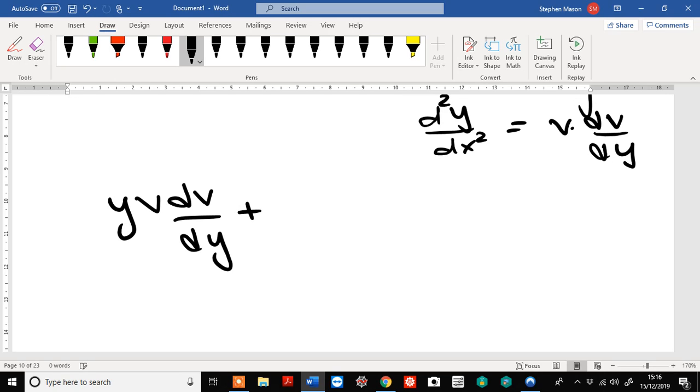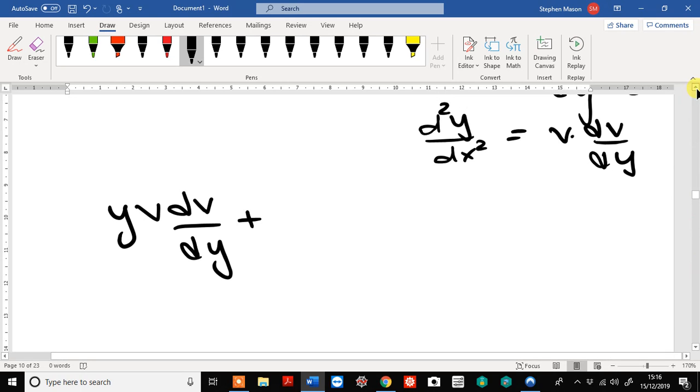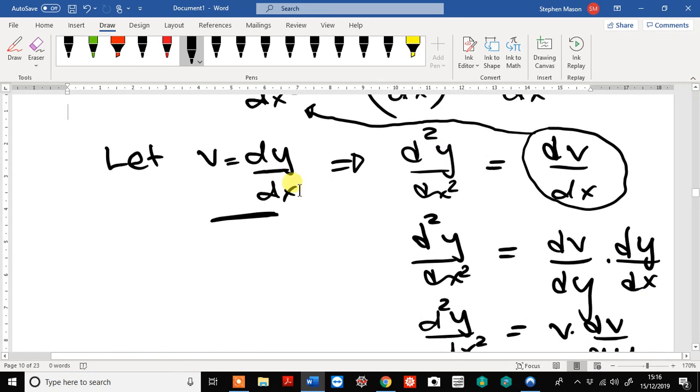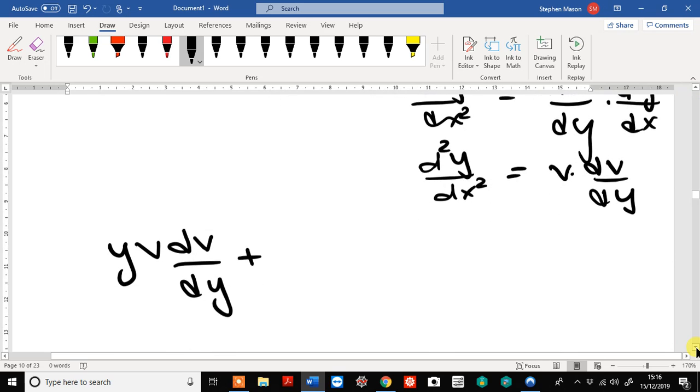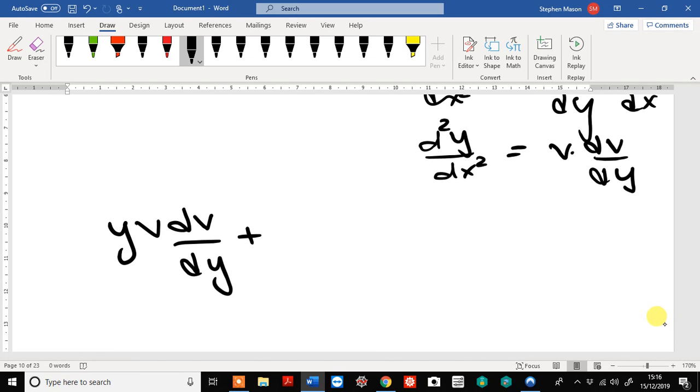Plus, well, the next term is a dy by dx all squared term. Well, we know that dy by dx from here is v. So we're going to have a plus v squared term there, minus 3v equals 0.